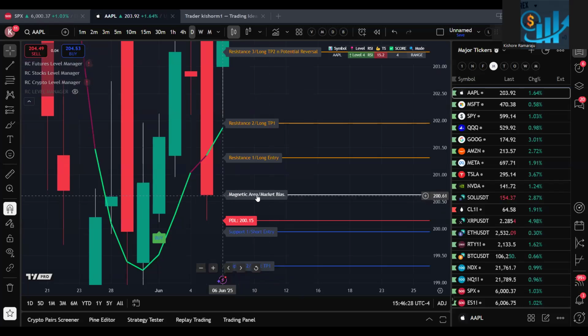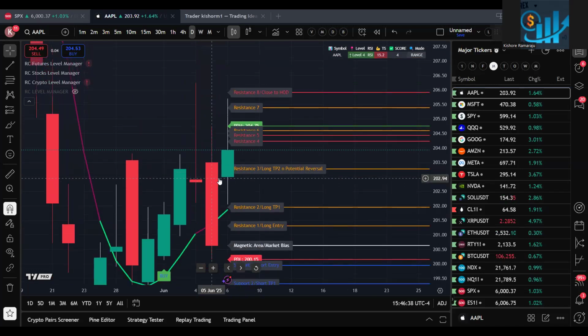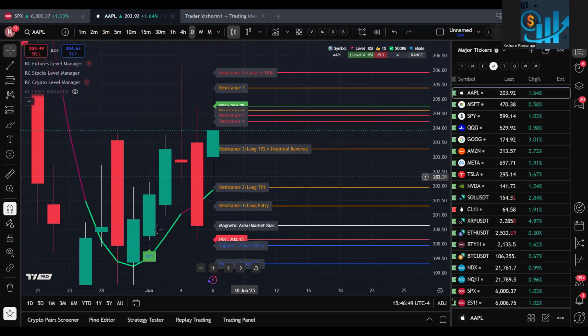This is your fair value zone, where your buyers and sellers are equal. Your daily candle: open is above, close is also above the magnetic area. That means there is a very high chance for price to go further high. It is bullish. It is going up, going up.